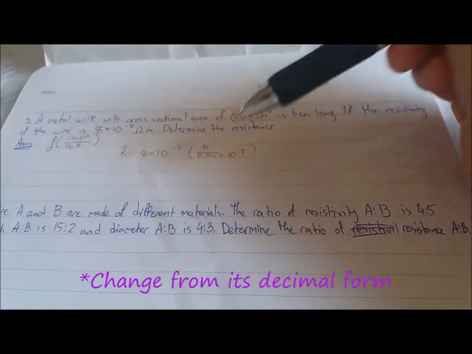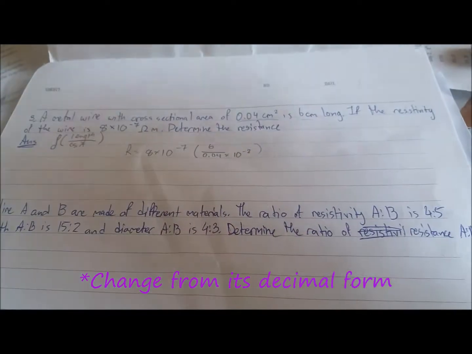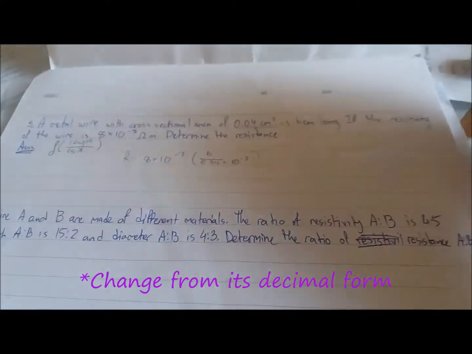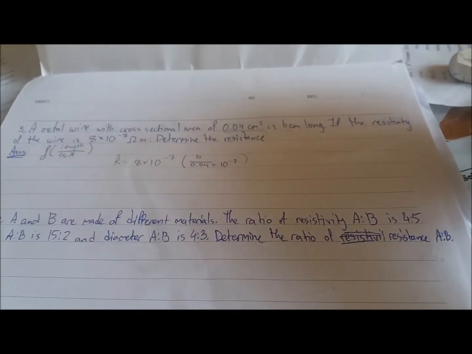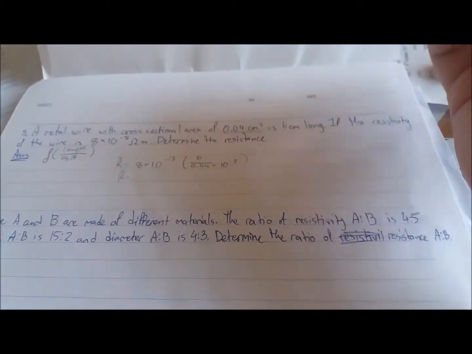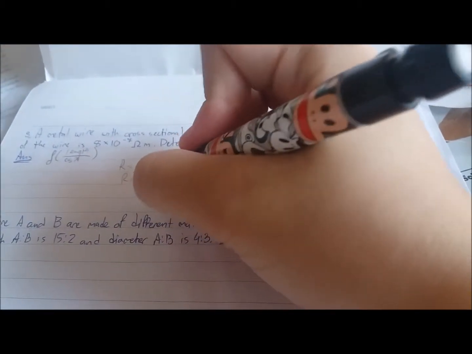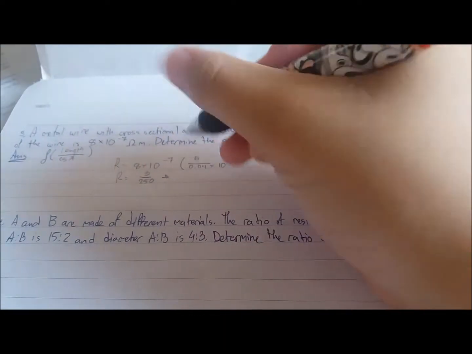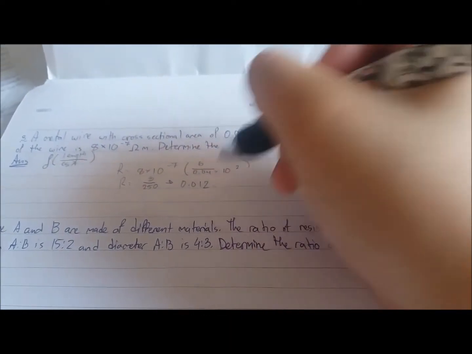The reason it's to the power of negative 2 is because we want to change 0.04 into just 4, so it isn't a decimal. And when we do the math, resistance equals 3 over 250, or in decimal form, 0.012.